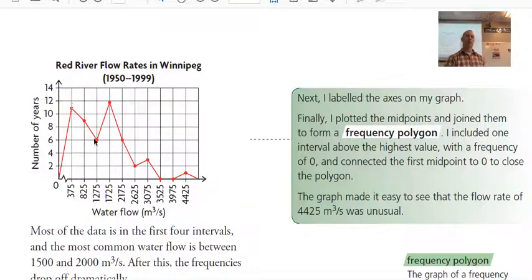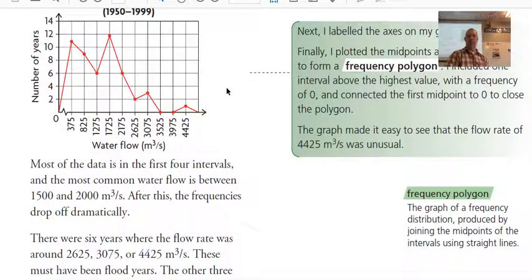You can see that there were some high years here, but it dropped considerably. There's not a lot of years here that have this flow rate. So this would be the number of years and the flow rate. So there's more years that have this kind of common flow rate here, and not very many years that have these flow rates. So those are the 3 different ways to represent that data.